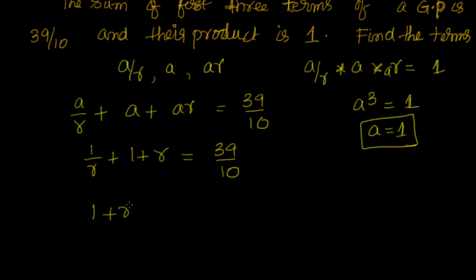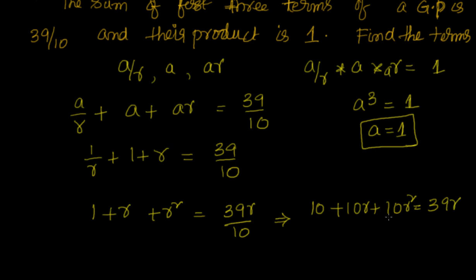So I will have 1 plus r square plus r is equal to 39r by 10. Or if I cross multiply, I'll have 10 plus 10r plus 10r square equal to 39r. Or I will have 10r square minus 29r plus 10 equal to 0, as 39r is brought to this side.